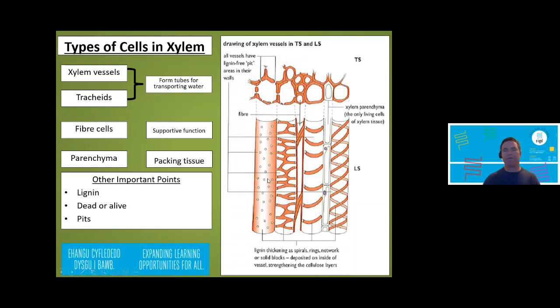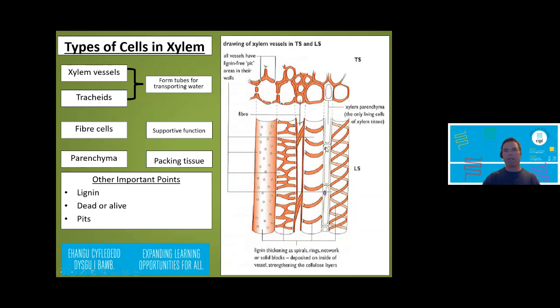Finally, a fully mature xylem vessel looks like the one on the left here, because it's almost completely lignified, but we've got some pits in there, some pores, which do allow movement of water from one xylem vessel to the next. You can see that the fiber cells are completely lignified, and the tracheids and the xylem vessels would be more and more lignified the older they would have become.